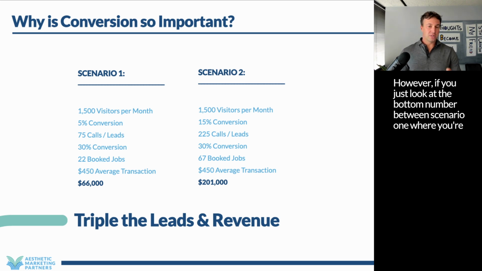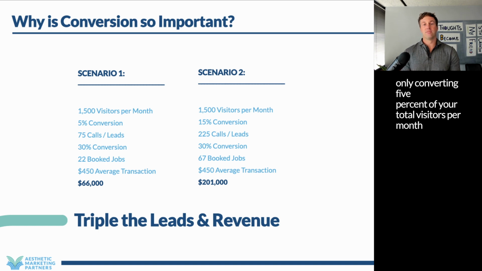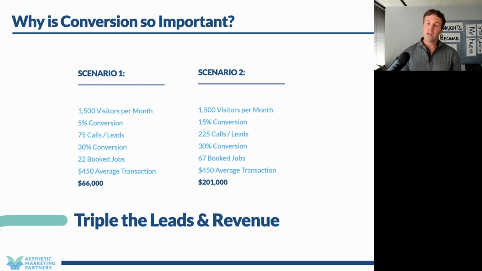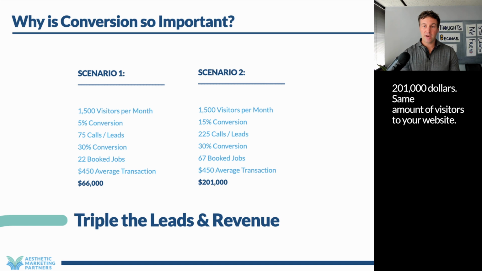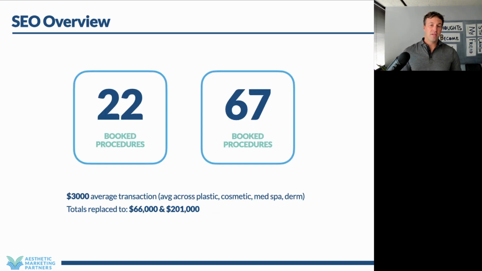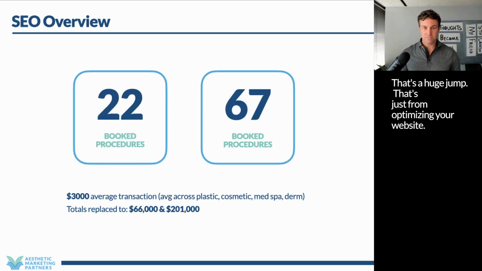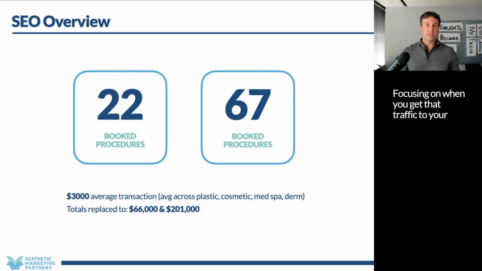However, if you just look at the bottom number between scenario 1, where you're only converting 5% of your total visitors per month versus a 15% conversion rate, you're looking at an opportunity of $66,000 in leads on the left, versus a 10% increase that can produce $201,000. Same amount of visitors to your website. That's a huge jump. That's just from optimizing your website. Focusing on when you get that traffic to your website, turning them into an actual patient.